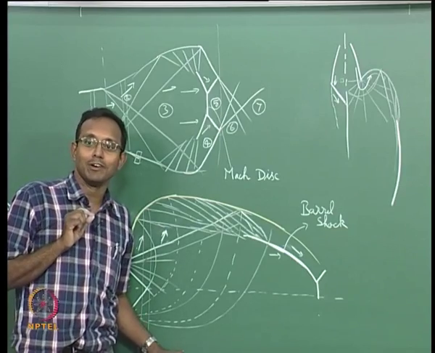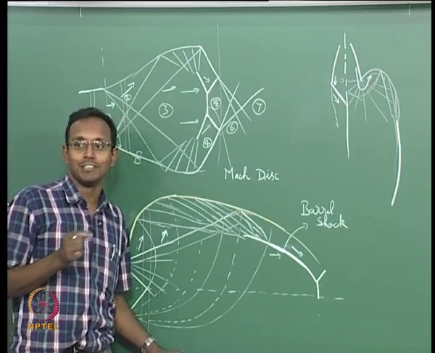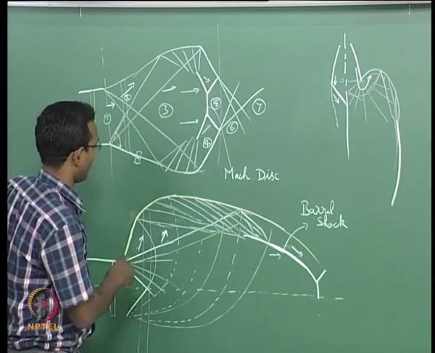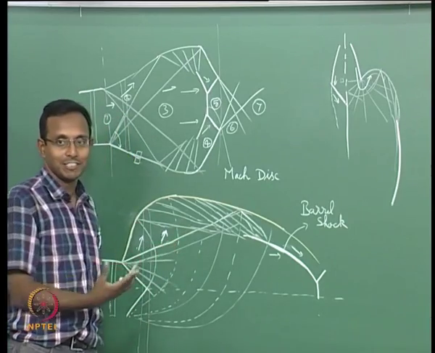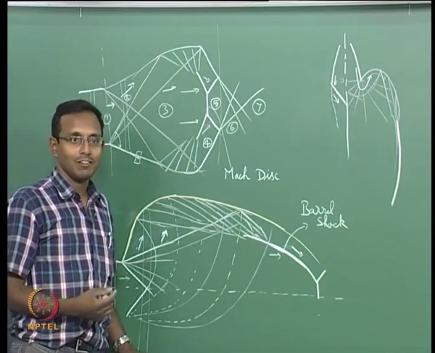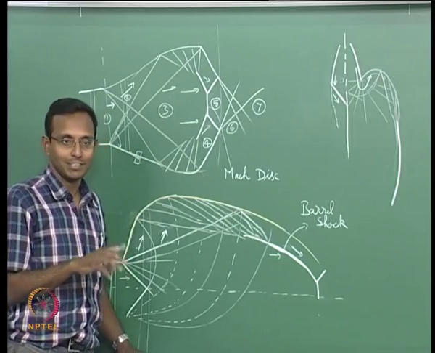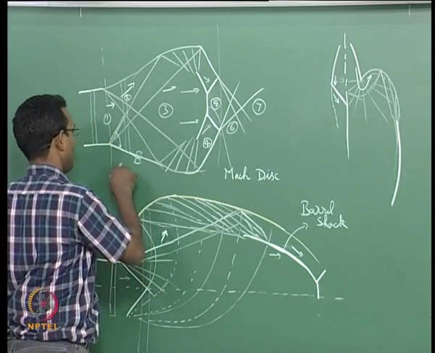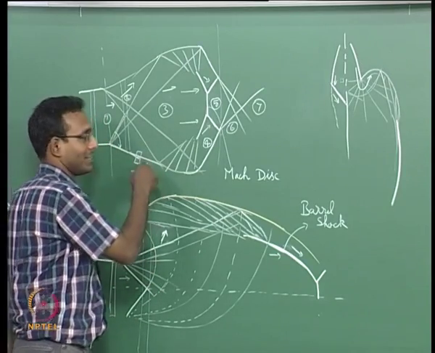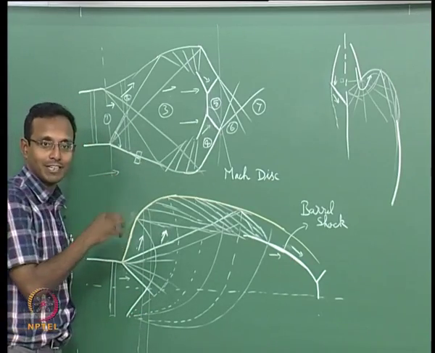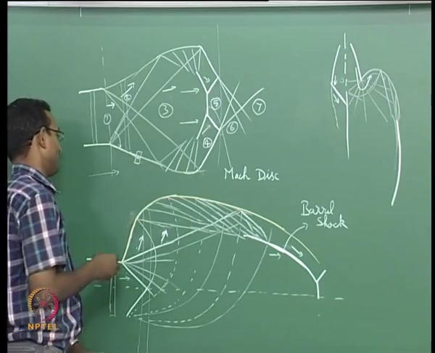I said ideally because we have neglected viscosity. If there are viscous effects, then depending on the velocities, if the velocities are very high, viscous effects will be much stronger. If the velocities are very tiny, the velocity need not be dissipated so well. And so depending on how the velocity effect is in this case and whether the fluid here is already moving or not, that will change the answer. Okay.